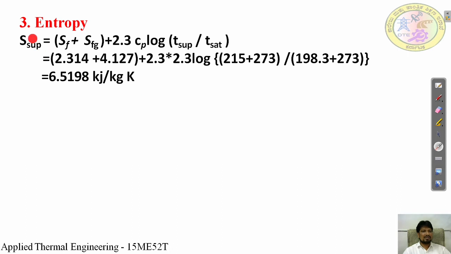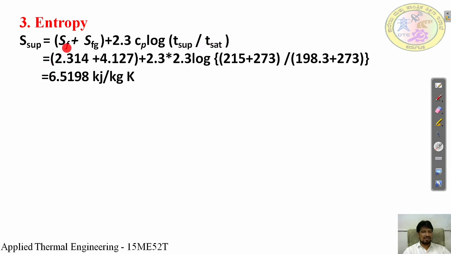Now the third one is the entropy of superheated steam. We know the formula: the superheated entropy is Sf plus Sfg, or the sum of these two is Sg, plus 2.3 Cp into log of T superheated divided by T saturated.